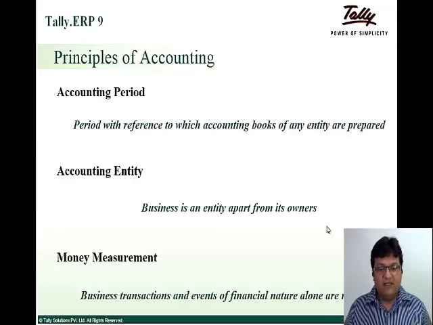Money measurement. The business transaction and events of financial nature alone are recorded. So, any transaction which has taken place between two people, if there is a money transaction happening, only then those transactions will be recorded.